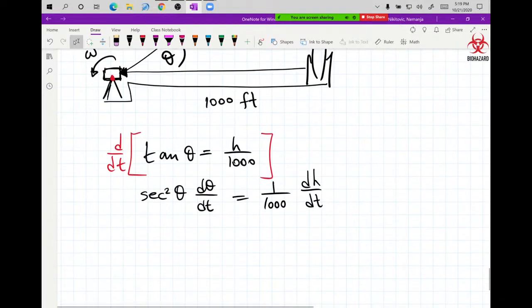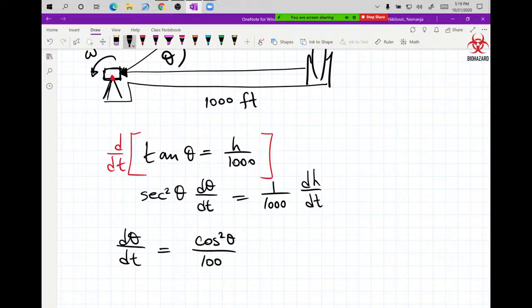All right, cool. So all I need to do is to put my d theta dt alone. Secant going to the other side becomes cosine squared, because it's going to be 1 over secant squared theta, and 1 over secant squared is cosine squared. Right, so it turns into cosine squared theta times dh dt over 1,000.